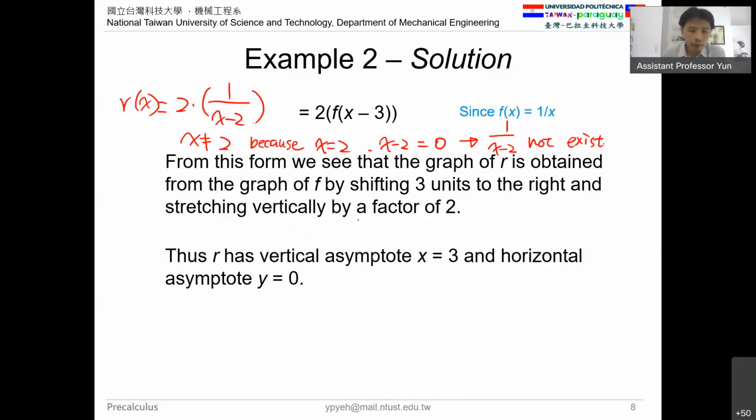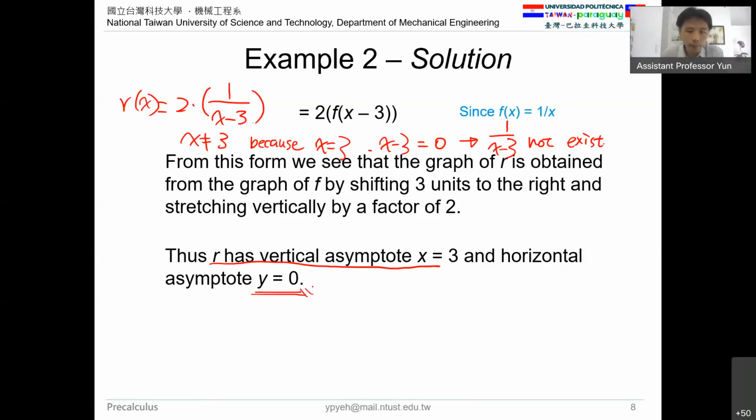So you can see that the function of x has the vertical asymptote when x equal to. Okay, sorry, this will be 3 in this case. Okay, so this will be 3 here. So you can see the rational function has the vertical asymptote of x equal to 3, and the horizontal asymptote, which is y equal to 0.